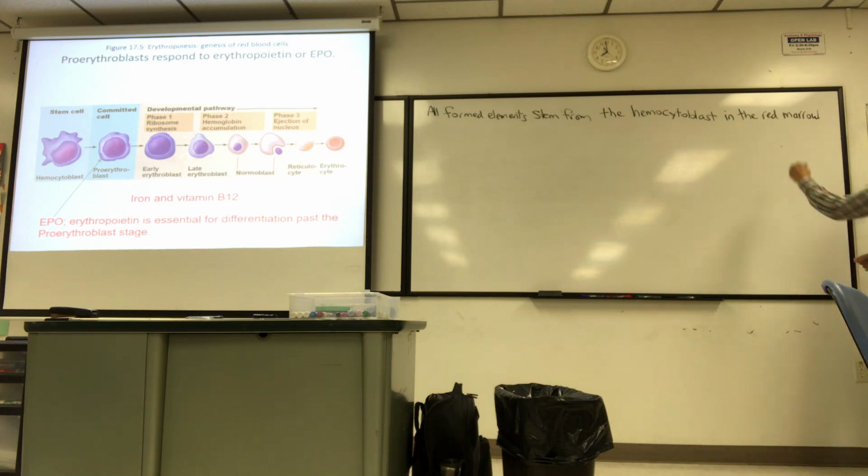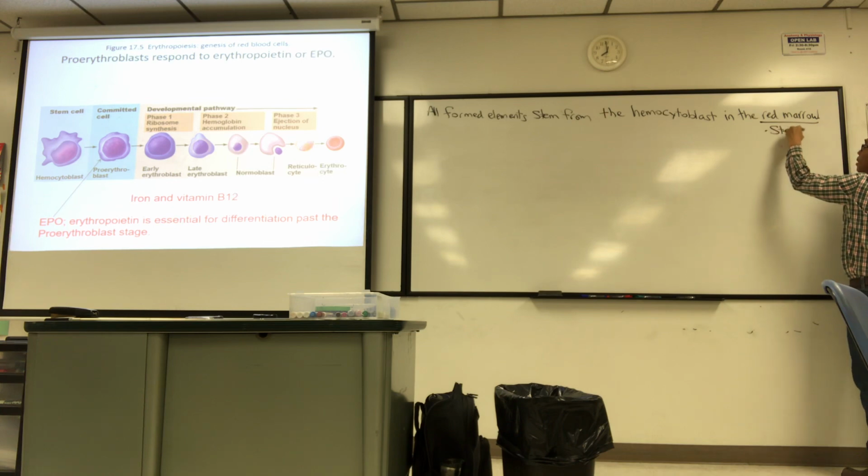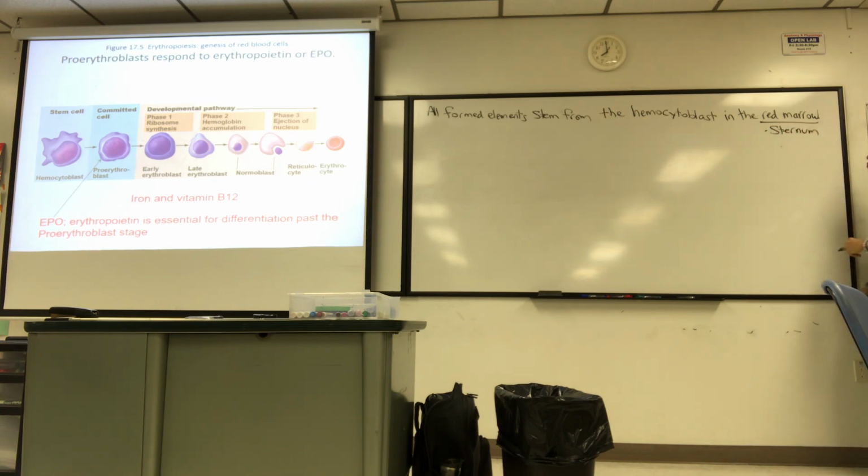And so the places where you have the red marrow in adults, for example, sternum, flat bones. Sometimes when I open the chest plate, I cut through the sternum, and I can see inside, and there's this like red paste. And that would be the red marrow.